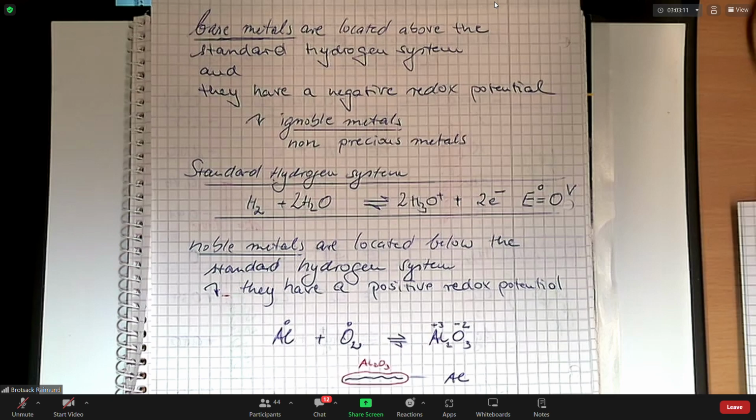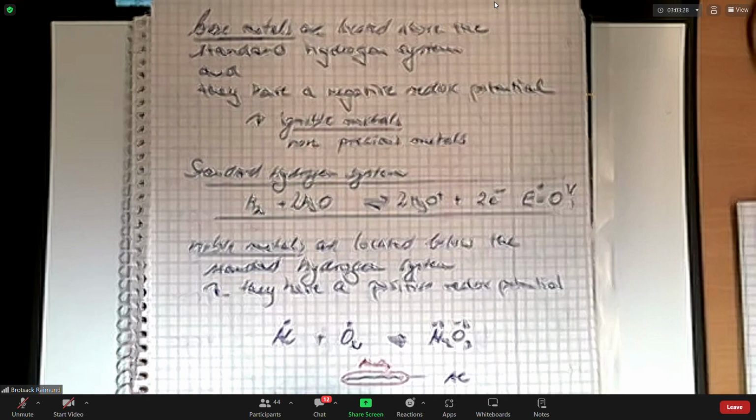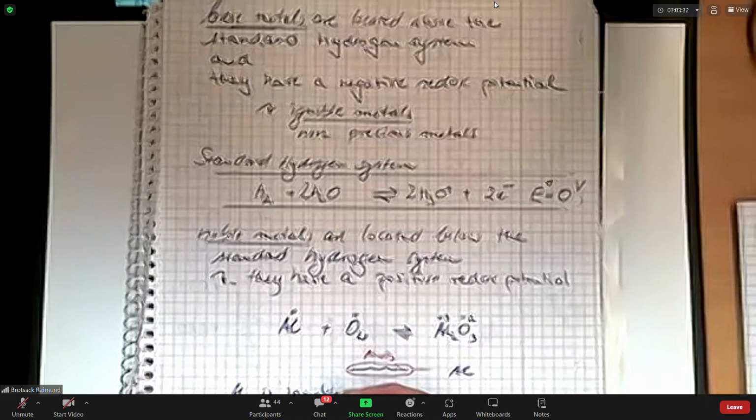We have that layer of aluminium oxide, which is airtight and covers the aluminium from further oxidation. So it is not noble, but it's very stable due to that fact. So aluminium is not noble, it is ignoble. So it has a negative redox potential.